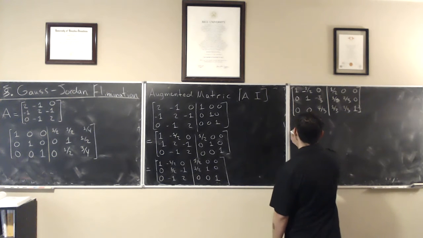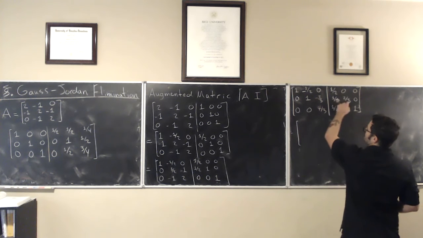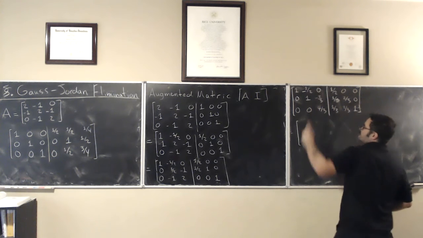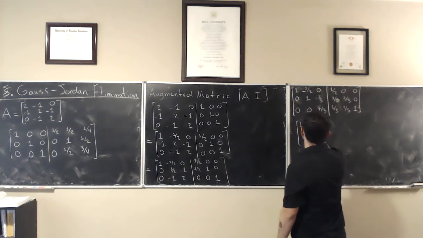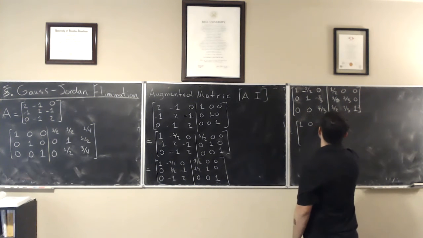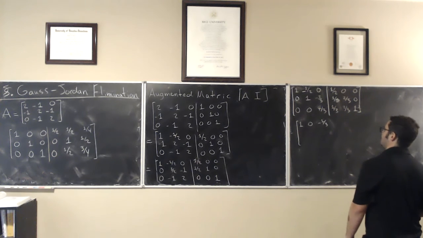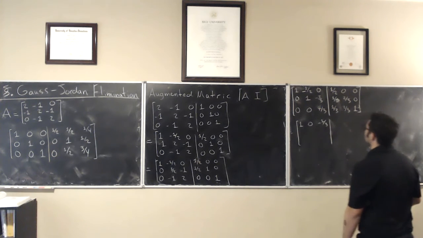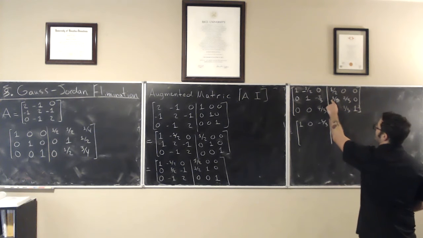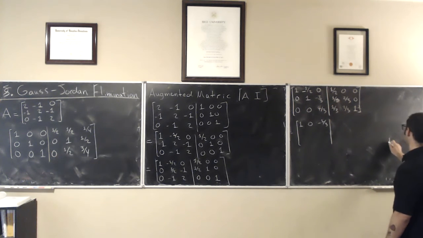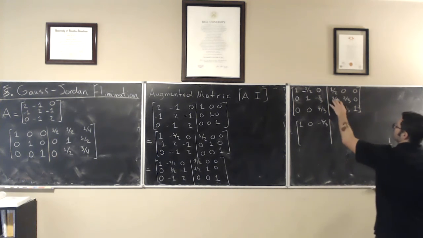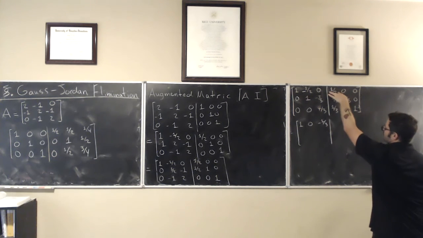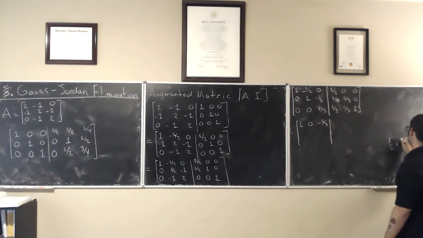So then I'm going to multiply this row by 1/2 and add to this. 1, 0, minus 1/3 by 1/2, so 1/6 plus 1/2.